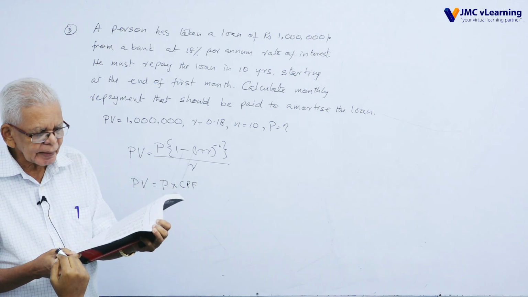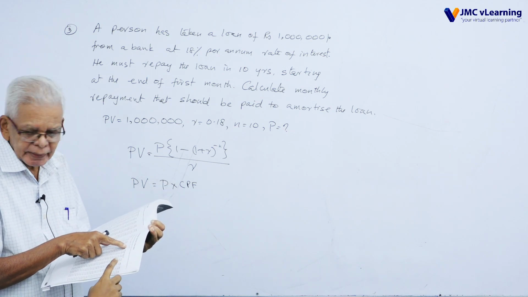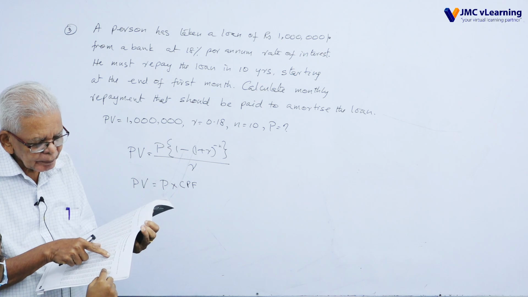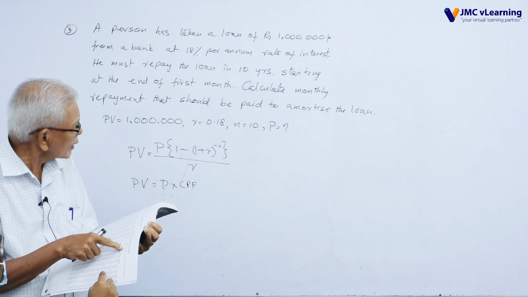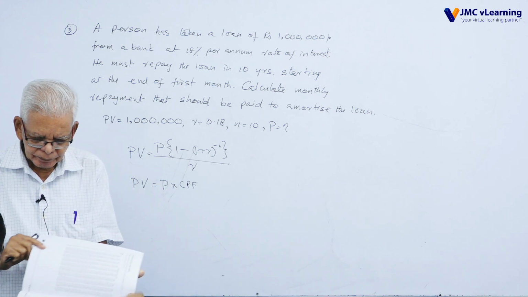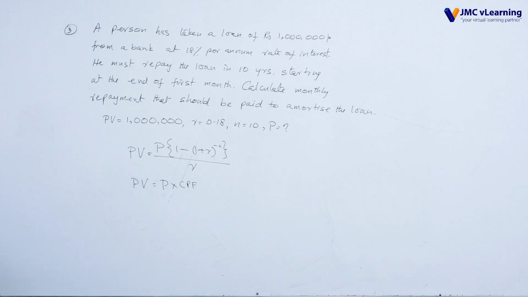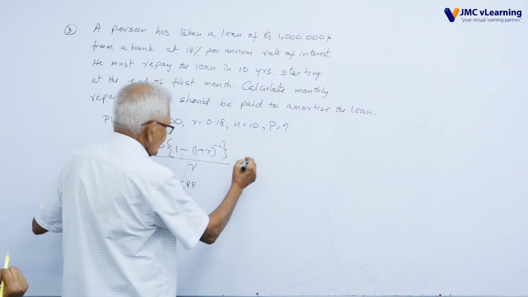Page 289. Take r equal to 18% and n equal to 10, in the cumulative table. What is the value that we get? 4.494.